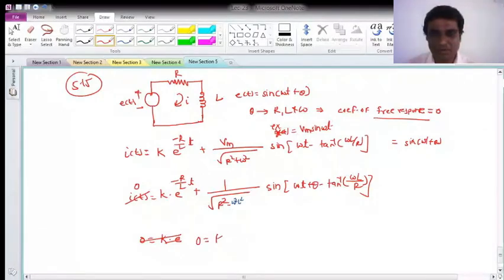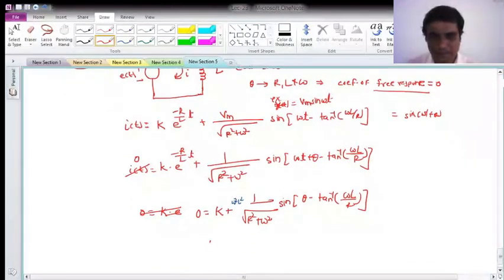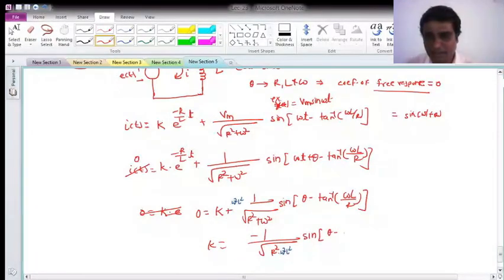So 0 equals K plus 1 over square root of R square plus omega square L square, sine of theta minus tan inverse of omega L by R. From here I can write K equal to minus 1 over square root of R square plus omega square L square, sine of theta minus tan inverse of omega L by R.